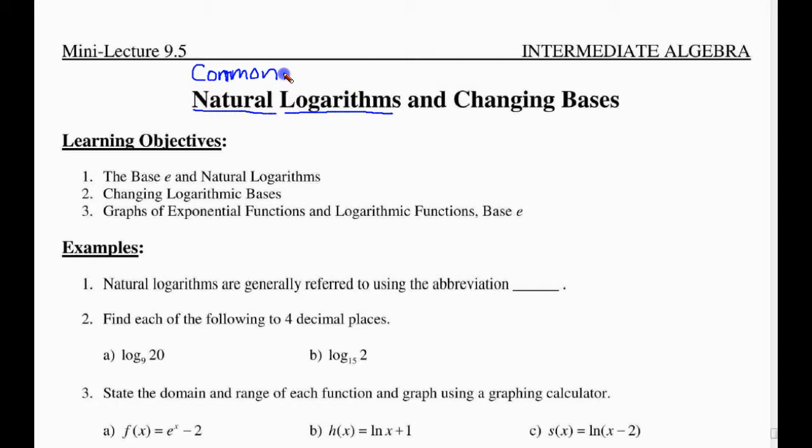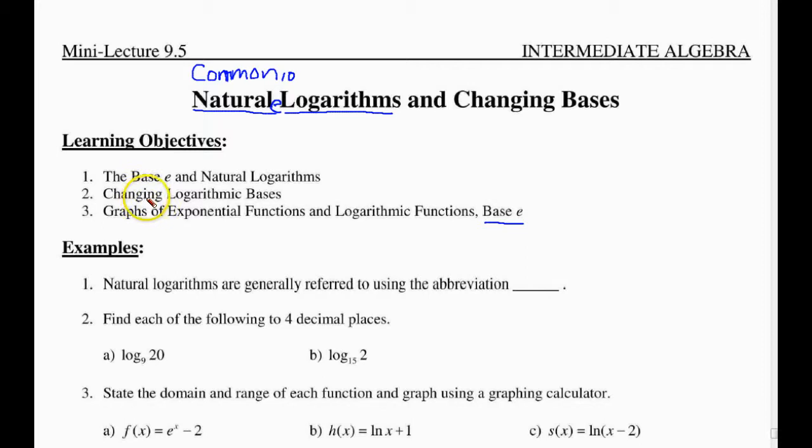Common logarithms are base 10, and we will see in this section that natural logarithms are base e. Base e is a special number that we will talk about shortly in our lesson here.